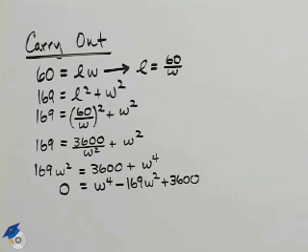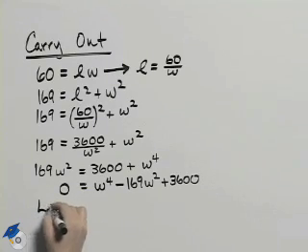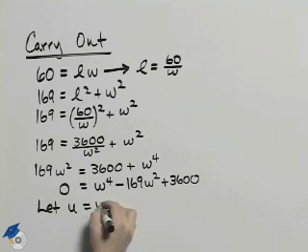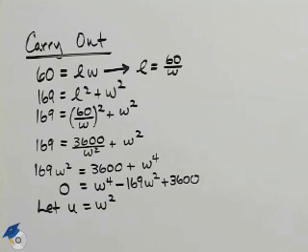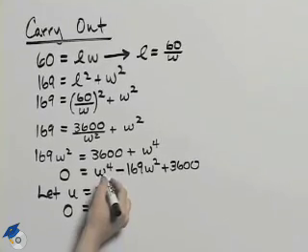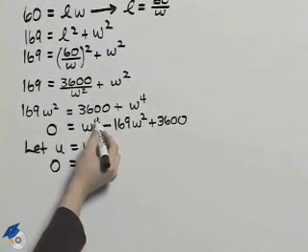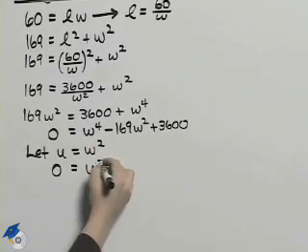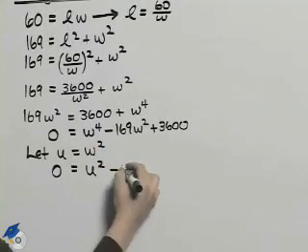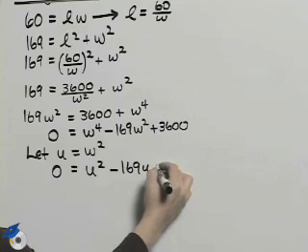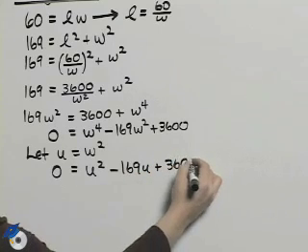Now notice that this looks like a quadratic, but it's not exactly. It's a quadratic form, so what we'll do is make a substitution. We'll let U equal W squared. And if I do that, I'll have 0 equal to U squared minus 169U plus 3600.